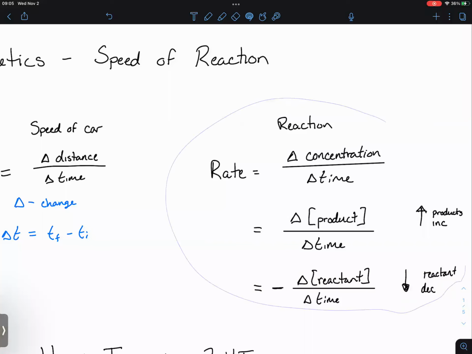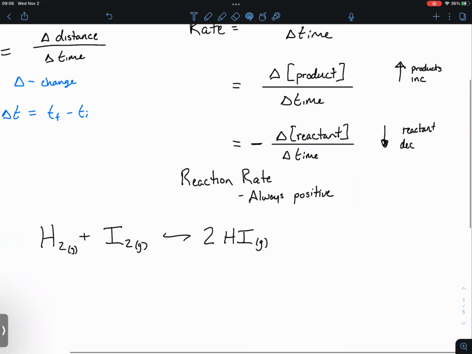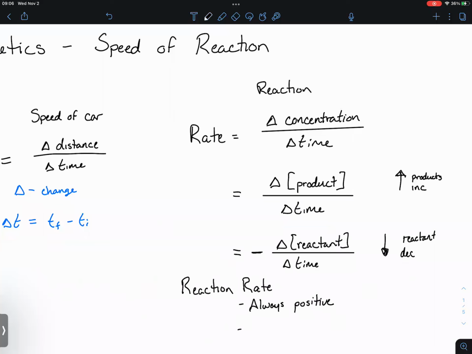So let's just make a note here. Reaction rates are always positive. Furthermore, they have to be the same no matter what you're watching in a chemical reaction. Meaning, if I'm measuring the amount of product produced, I better get the exact same rate as if I measure the amount of reactant consumed.